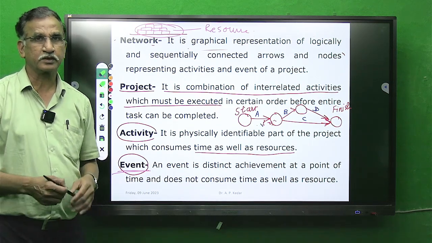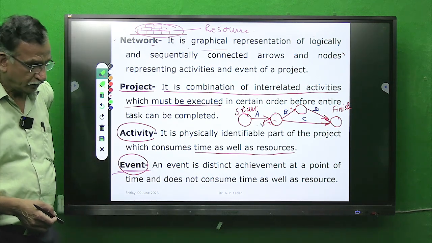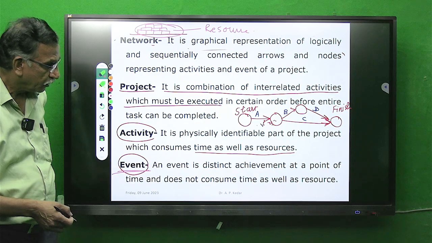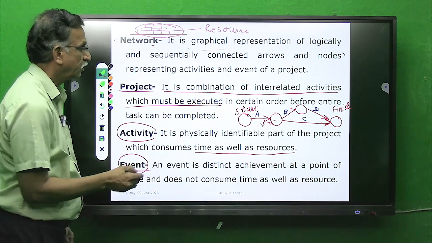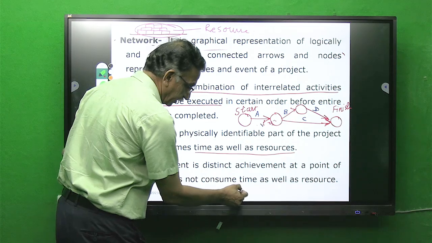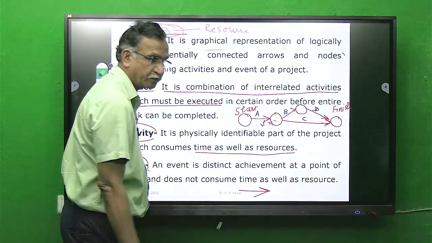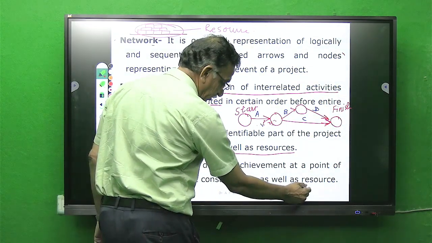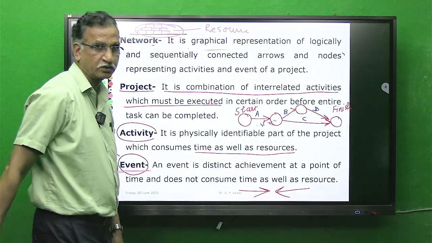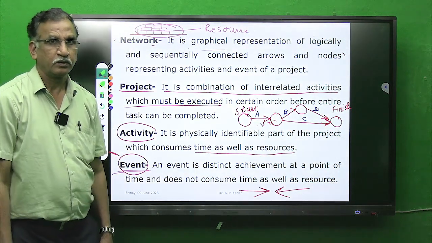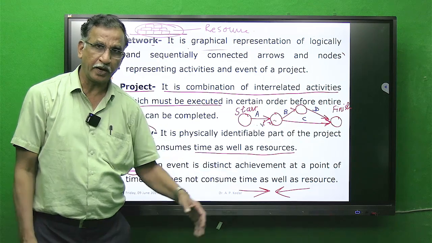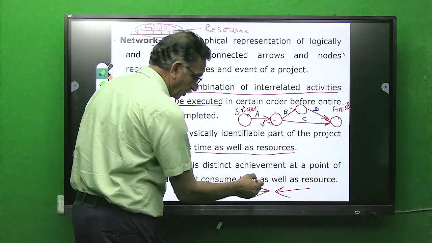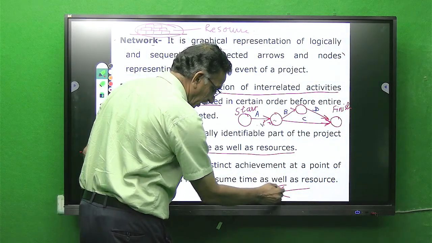Suppose, to understand the concept of an event, many a time on the road we find that one vehicle is coming in this direction very fast, and one vehicle is coming in this direction very fast. They are out of control, and at a particular point of time what will happen?